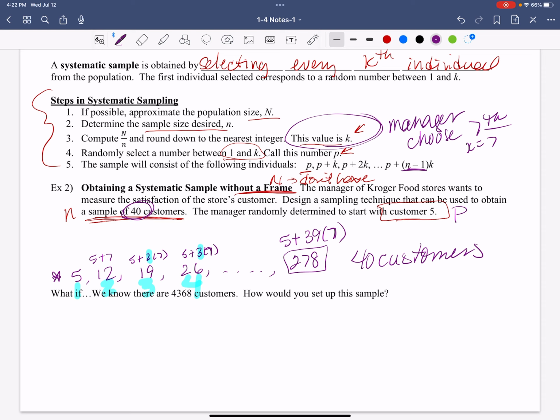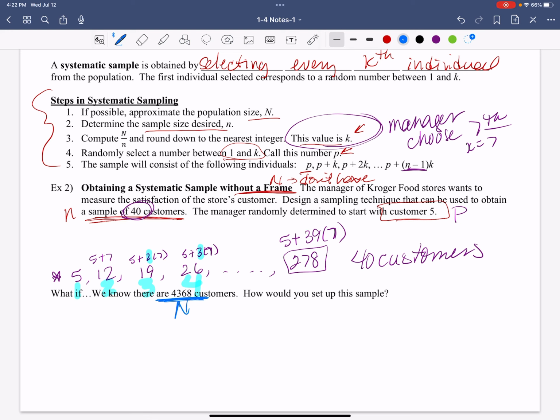Now this is without a frame, but what if I know that there are 4,368 customers? That is my N value. I still want a sample size of 40, so we're working through that.